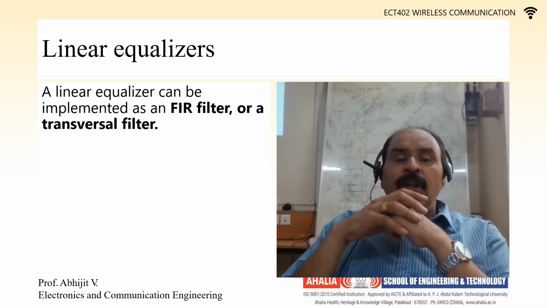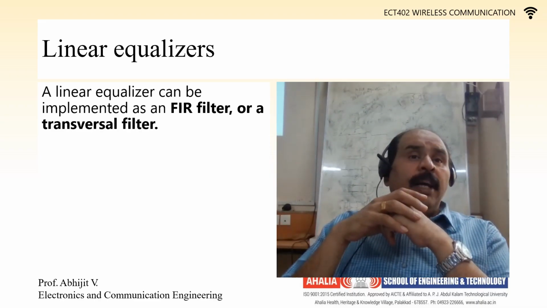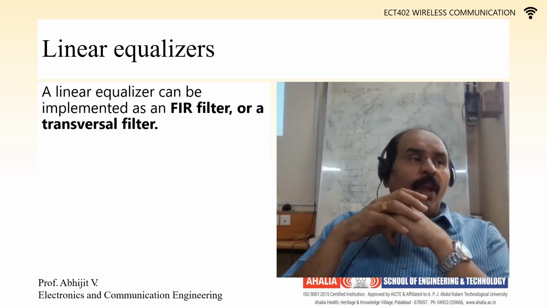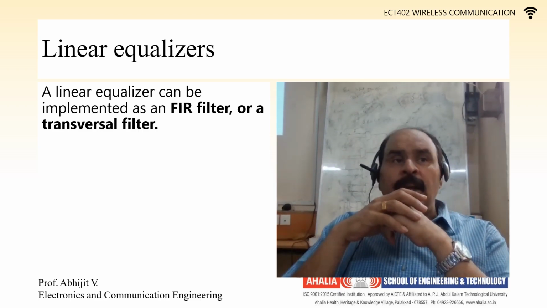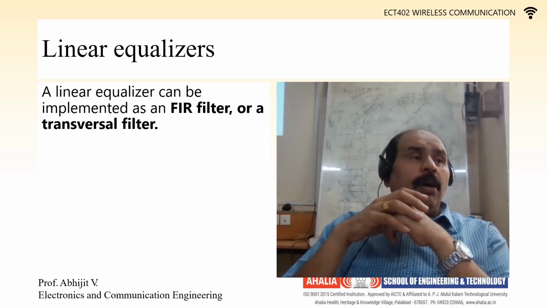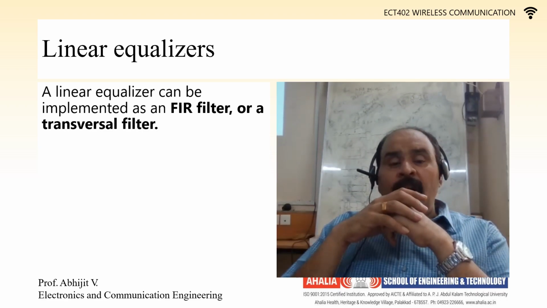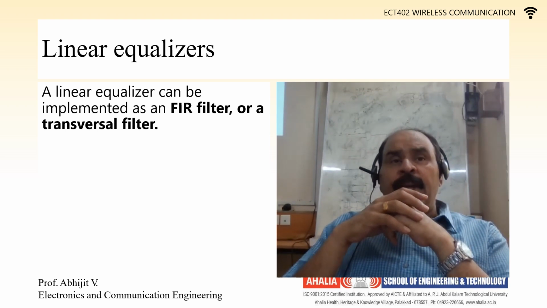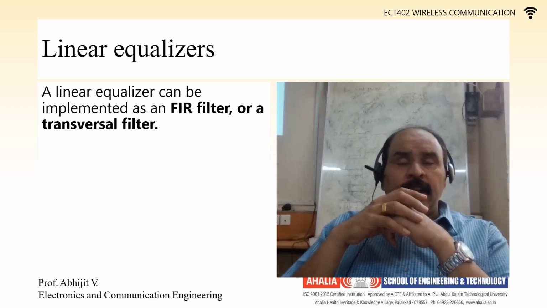Now, what are linear equalizers? The next topic in our syllabus is linear and non-linear equalizers. We are studying what a linear equalizer is. A linear equalizer can be implemented by an FIR filter or a transversal filter.